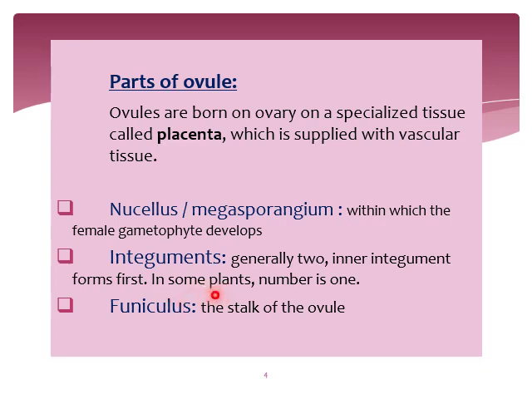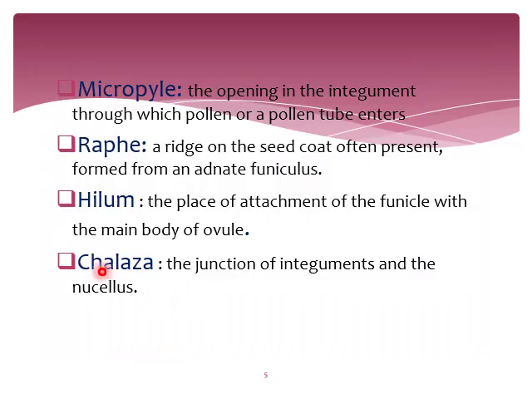The third important portion of the ovule is the funiculus or funicle. Funiculus is the stalk of the ovule. The fourth important part is the micropyle. Micropyle is in fact an opening in the integument through which the pollen tube enters.